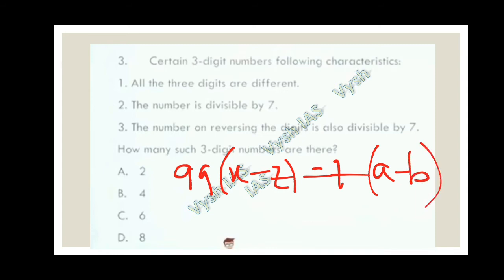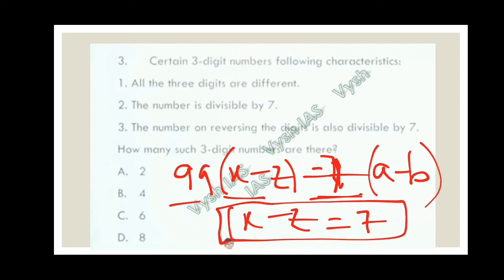In this equation, if you carefully observe, 7 doesn't divide 99. So x minus z must be 7.